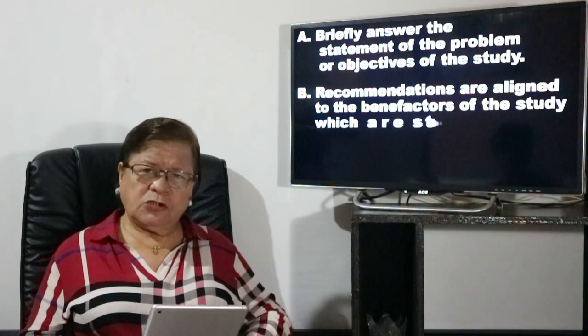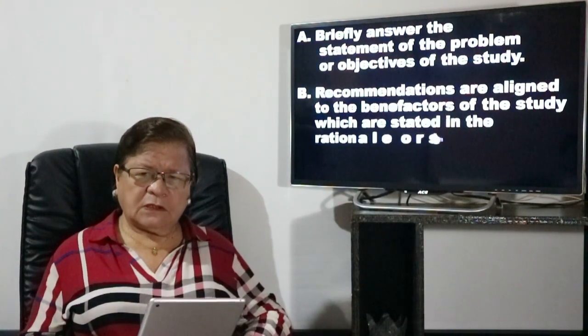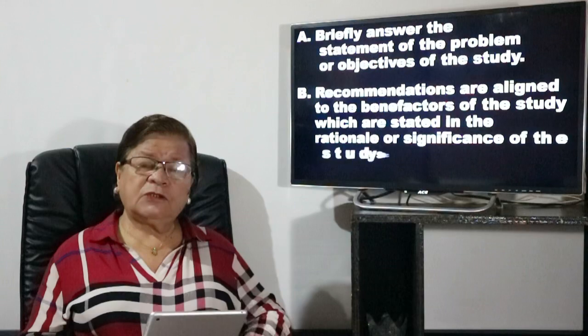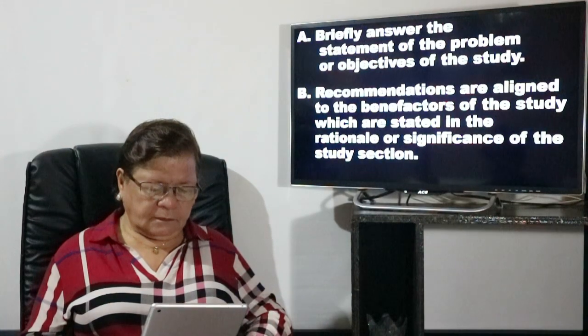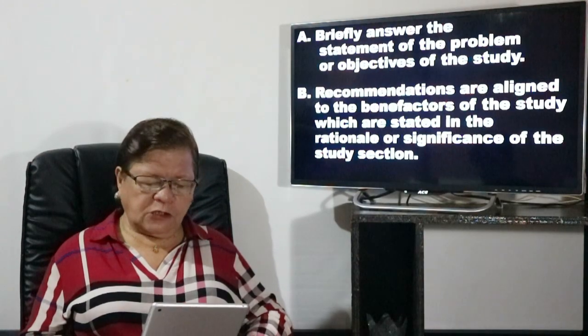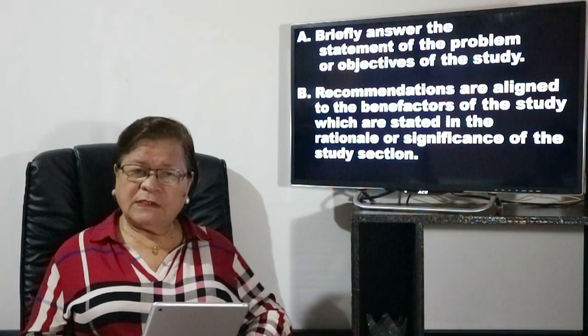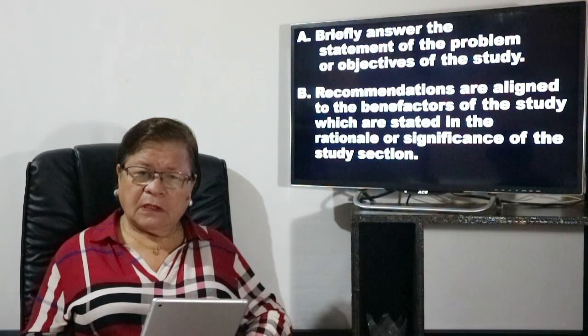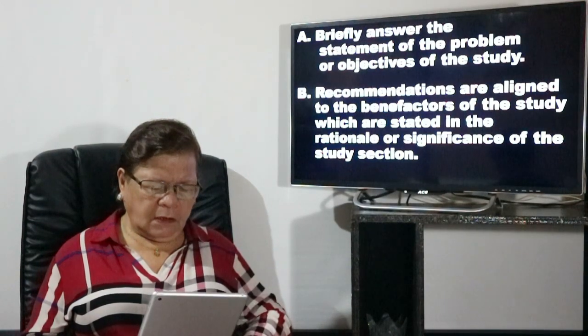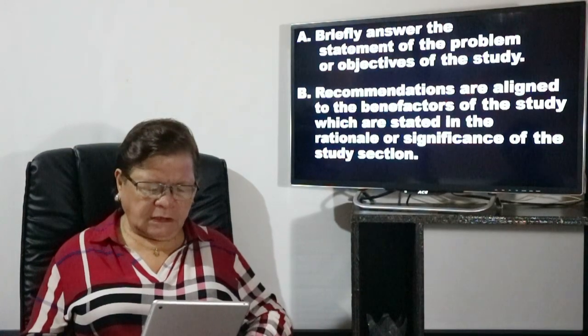So do not mention other items which are not included or not relevant to your action research. Then the recommendation must be aligned.